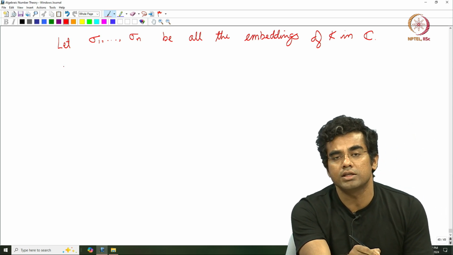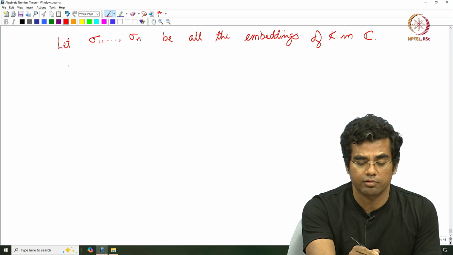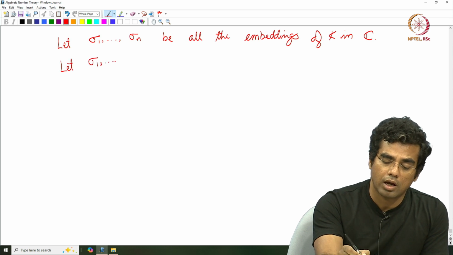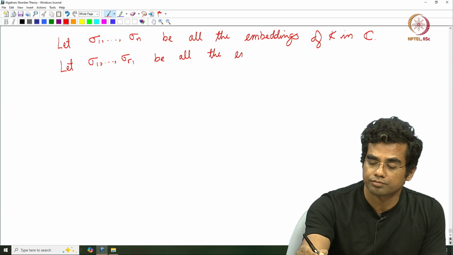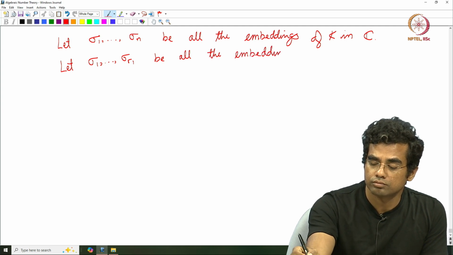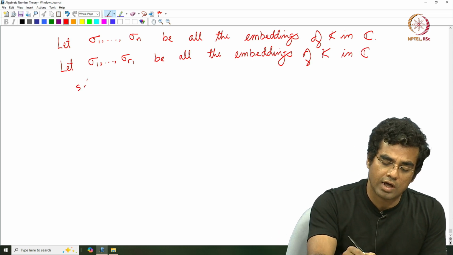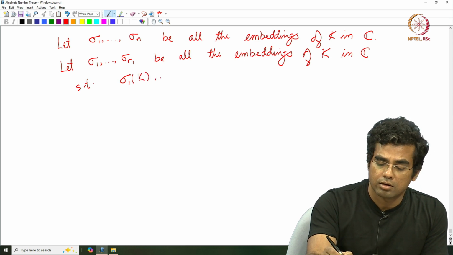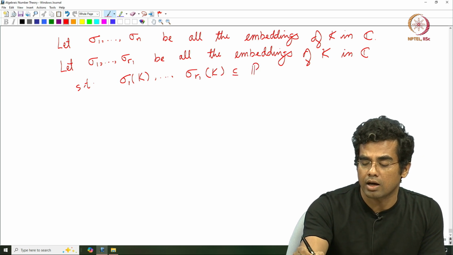So, we already saw this particular statement when we defined norms, but now let sigma 1 up to sigma r1 be all the embeddings of K in C such that sigma 1 of K and so on up to sigma r1 of K, they are all contained in R. Okay.